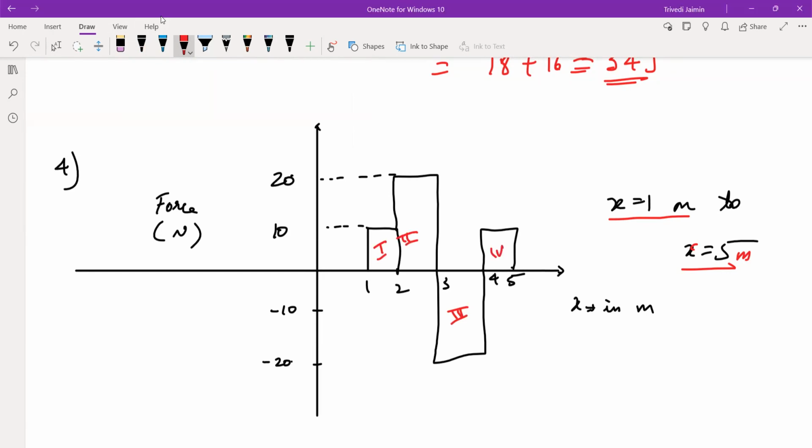First, second, third, fourth. We have to add both the positive and negative areas. There are 4 areas, 1, 2, 3, 4. So generally we will add all of these works.